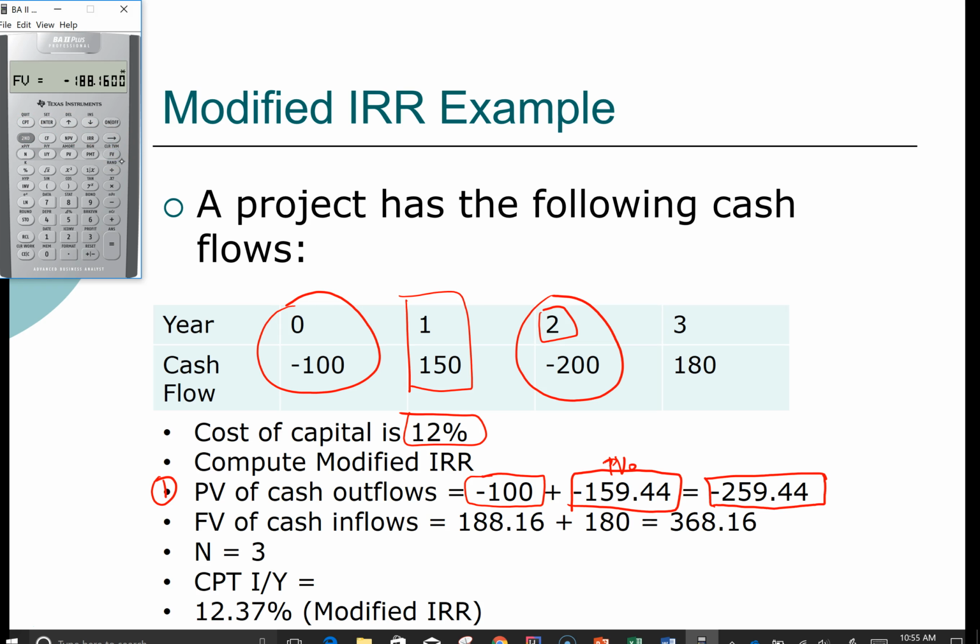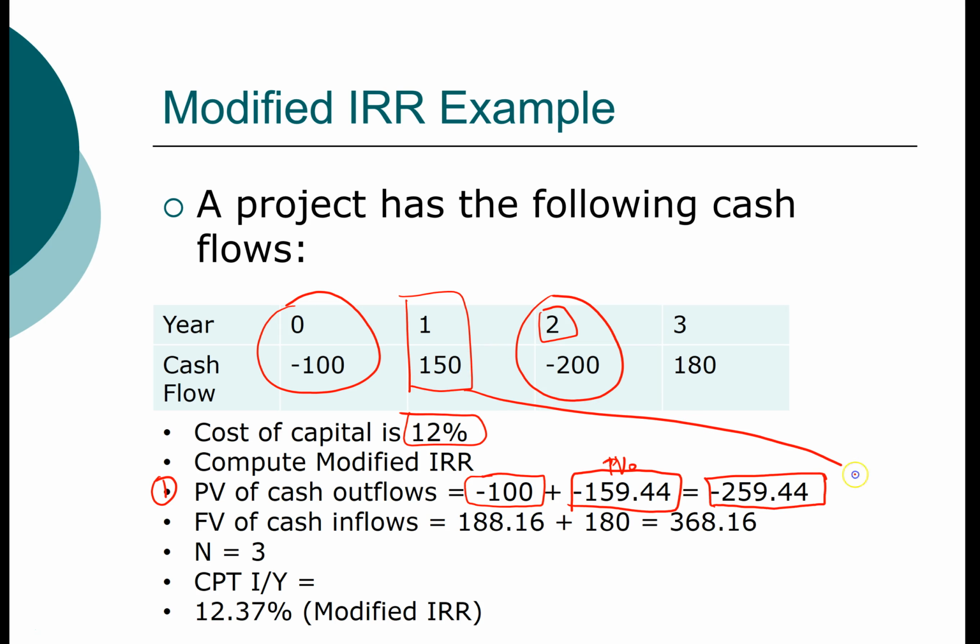So the future value of the $150 by the time it compounds to year 3 is worth $188.16. So that's where this number comes from. So this is the future value at the end of year 3. The $180 is already in year 3, so we don't have to do any adjustments. So this is already a year 3 value.